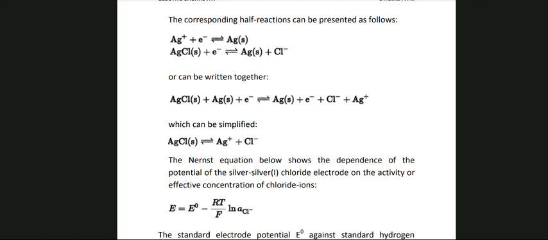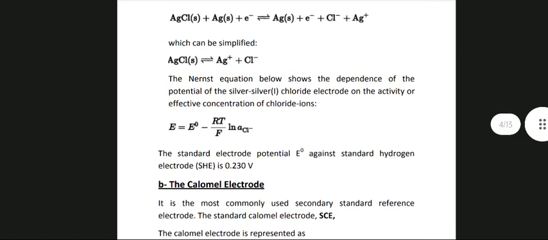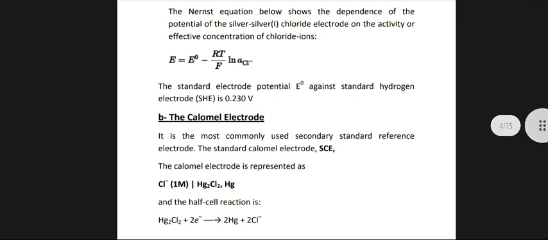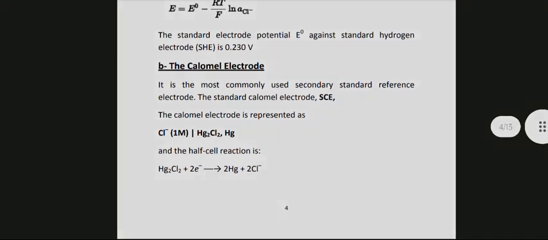The Nernst equation shows the dependence of the potential of the silver chloride electrode on the activity or effective concentration of chloride ions: E = E0 - (RT/F) ln a(Cl-). The standard electrode potential E0 against the standard hydrogen electrode, SHE, is 0.230 volt.